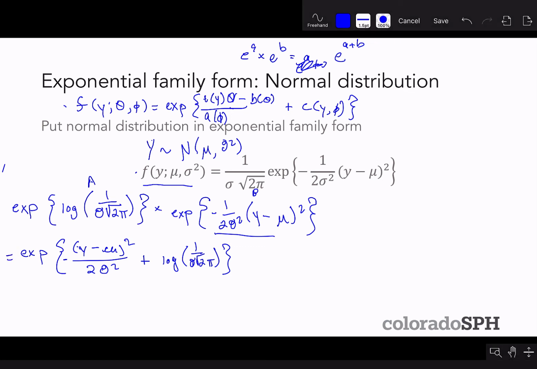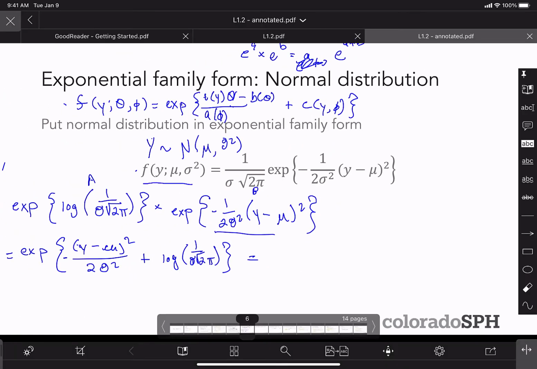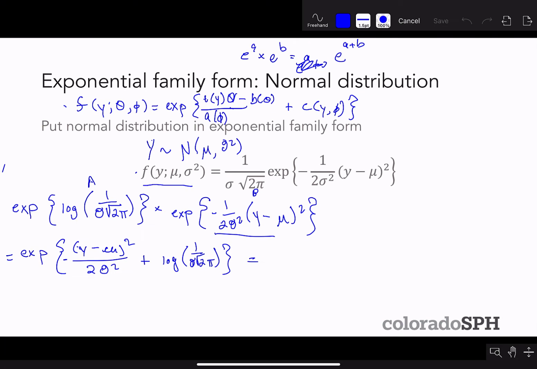And then what I'm going to do next is start distributing this squared here, to get e to the negative y squared minus 2 y mu plus mu squared over 2 sigma squared.